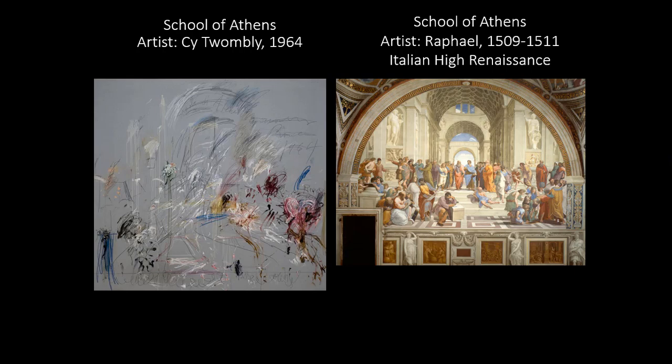It's not just referencing the visual aspects of the High Renaissance with the School of Athens, but there's a conceptual aspect to this as well, because he's also making a reference towards humanism, this time of learning and studying, and writing and observing. These are all virtuous endeavors that Twombly too extols. And it's not just with this work, but with most of the ones that he created.